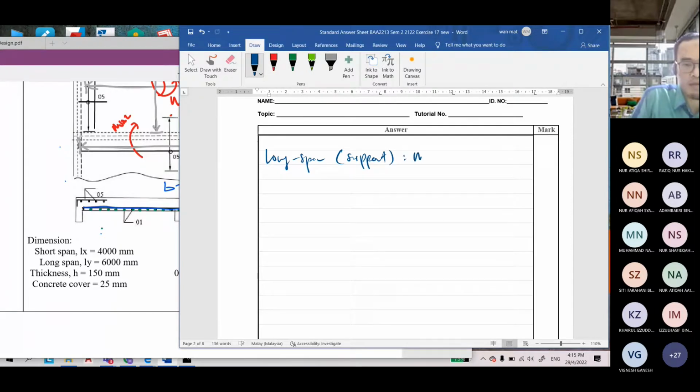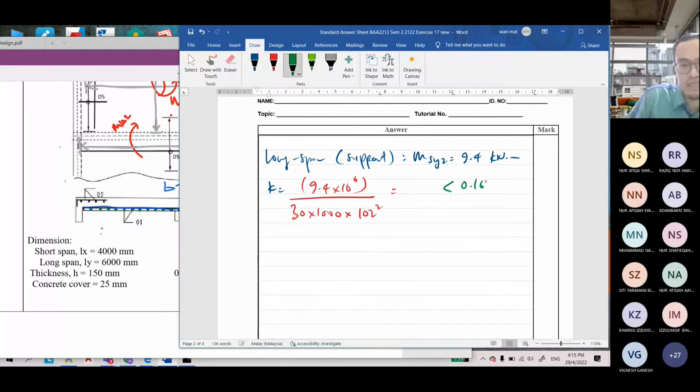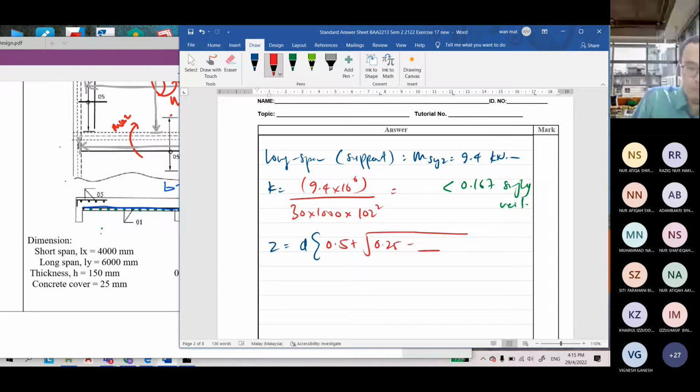So where MSY2 is equal to 9.4 kilonewton meter. So K is equal to 9.4 times 10 to the power of 6 divided by 30 times 1000 times 102 squared. So what is the value of K? So singly reinforced. Our Z is equal to D. What is the value?